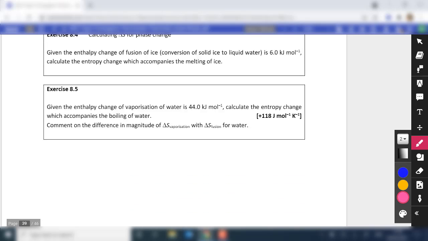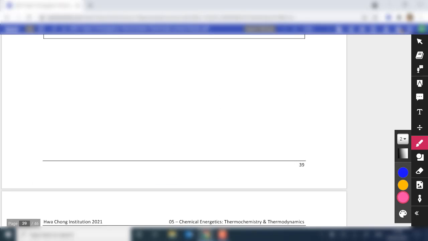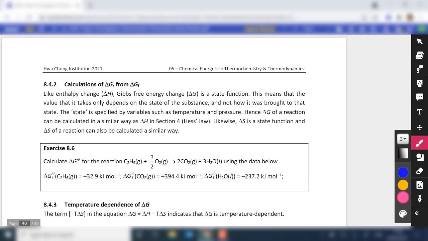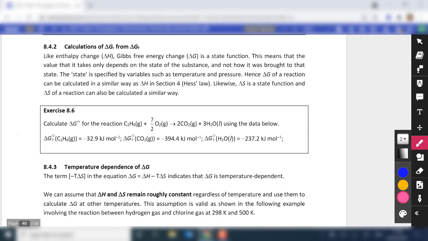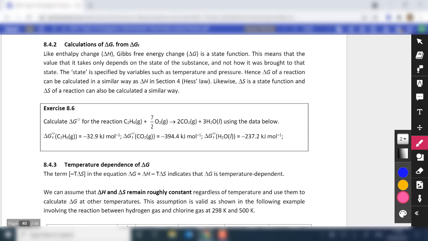There are a couple of exercises for you to try. I think you should go through them. There's a section 8.4.2 on the calculation of delta G of reaction from delta G of formation. This is quite similar because these are all state functions.